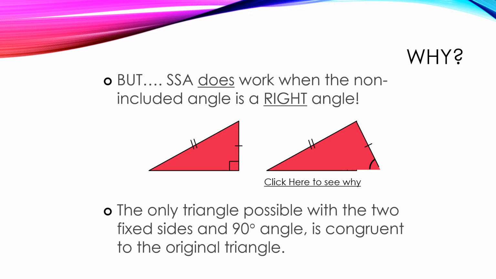So if we had a longer side, like if we had this and then we went out even more like that, we would not be able to say these two triangles are congruent, because when we flip that over, it would make a different angle here.